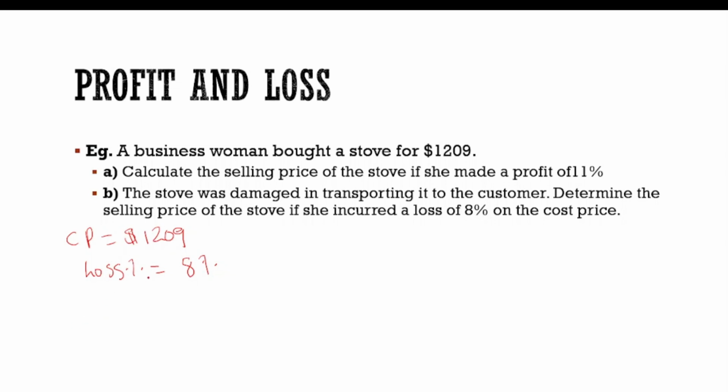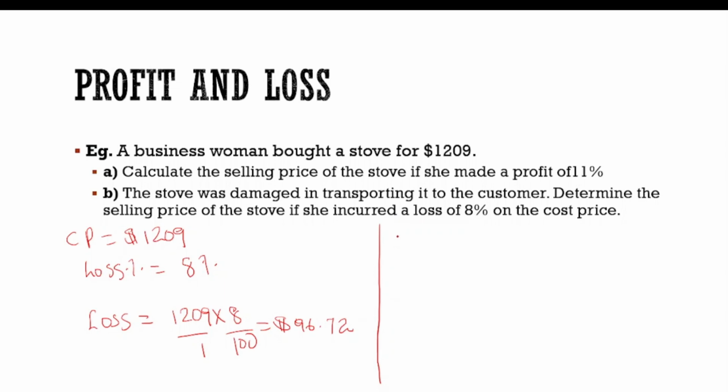So we need to find the dollar value of this 8% loss. So the loss is equal to 8% of 1,209. So that's going to be 1,209 times 8 over 100. And that is equal to, in terms of dollars, $96.72. So that is the loss that she made.